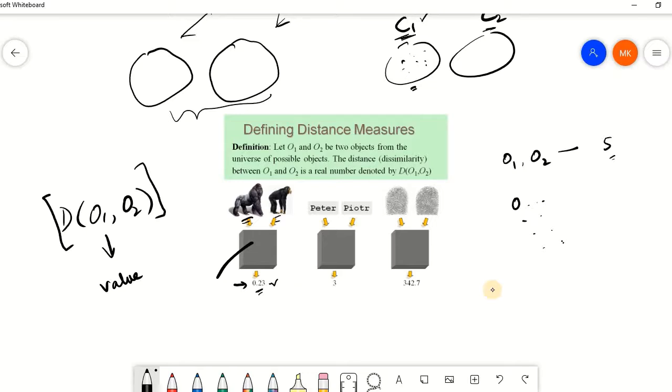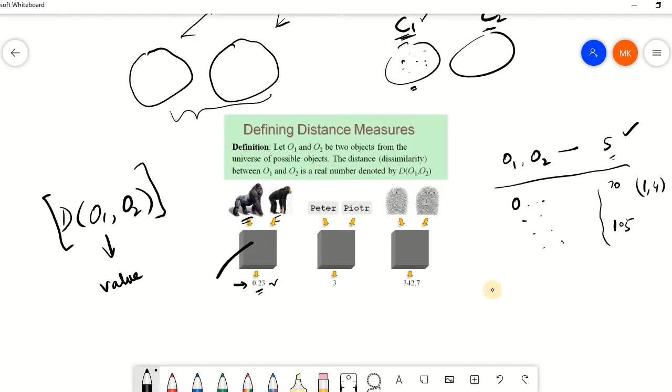If the other values are between 70 and 105, then we can say that this is a very good value and these 2 objects are very similar to each other. However, if these values are in a range of 1 to 4, then we would say that these objects are very much apart from each other.